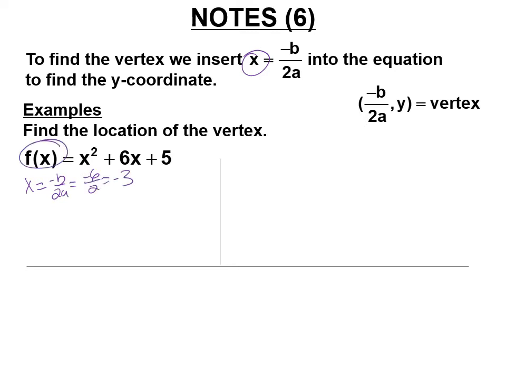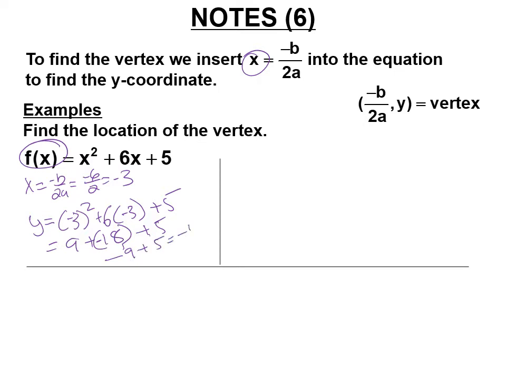So what is the y-coordinate? It's y equals -3 squared plus 6 times -3 plus 5, equals 9 plus -18 plus 5. 9 plus -18 is -9, and -9 plus 5 is -4.